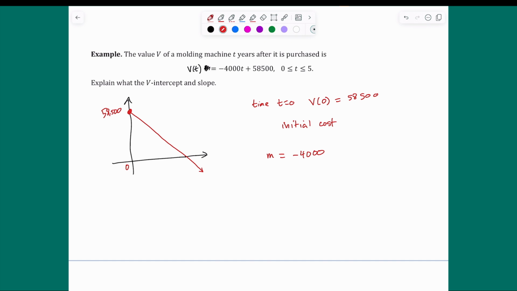So for every year, it's depreciating by 4,000. You can think of it as over one for every year. So that is what we would call its annual depreciation, because for every year it's decreasing by $4,000. And so that's the annual depreciation.